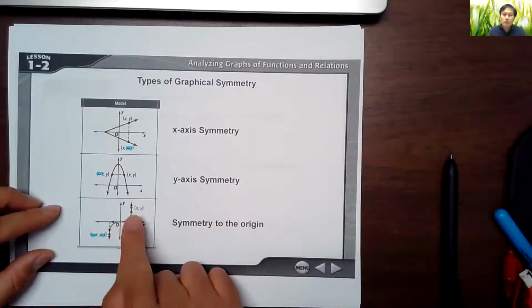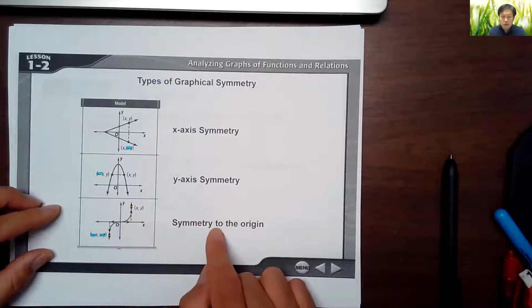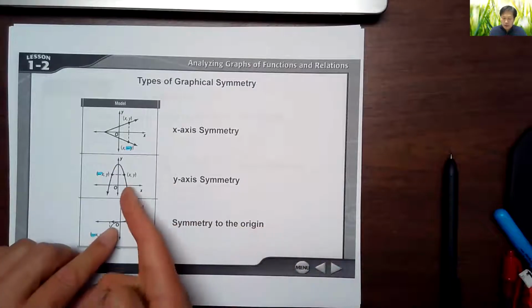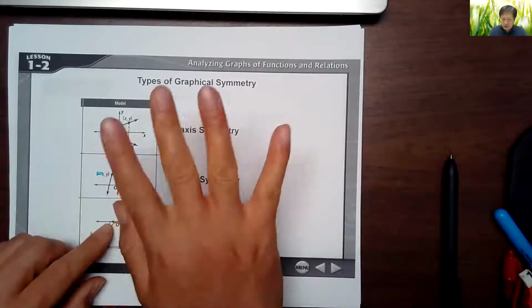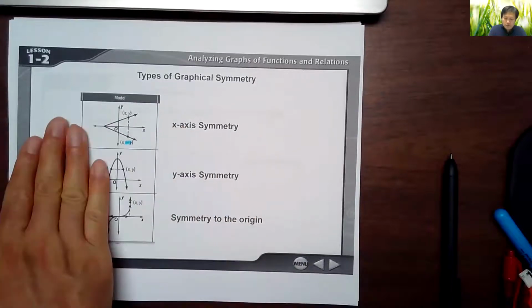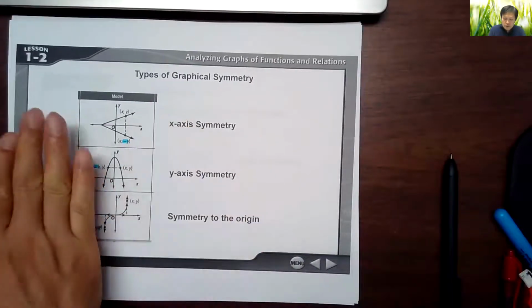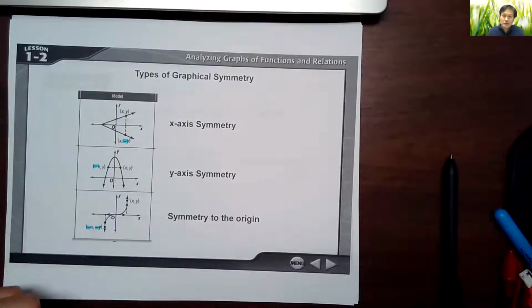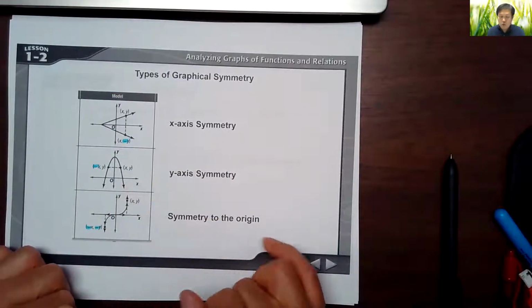This kind of graph, we call symmetric to the origin, origin symmetry. What does that mean? This top right portion of the graph, you can reflect over the y-axis, then reflect over the x-axis. Then they're going to match. That's what I mean by symmetry to the origin.